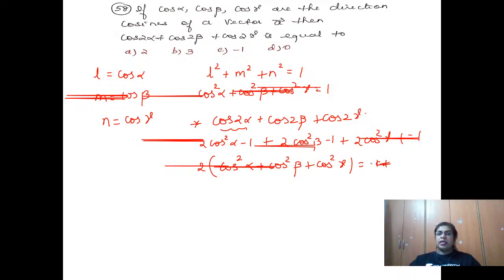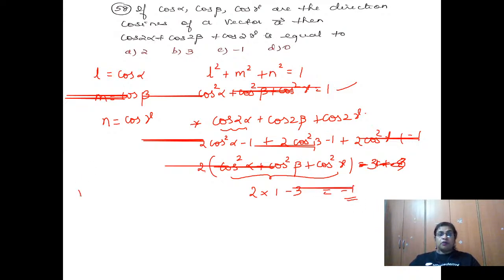Minus 1 minus 1 minus 1 is minus 3. Now cos square alpha plus cos square beta plus cos square gamma is nothing but 1. So 2 into 1 minus 3. That is 2 minus 3, so the answer is equal to minus 1.